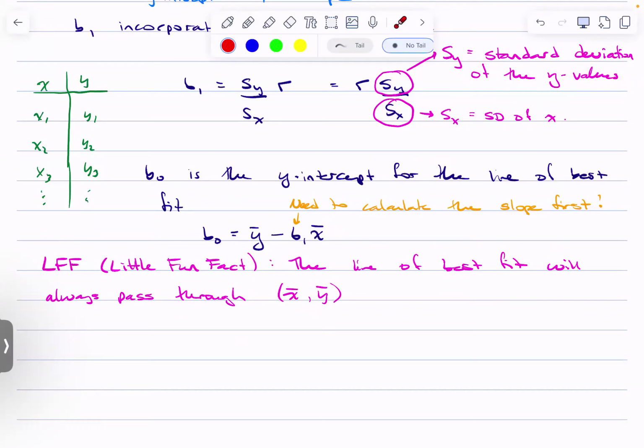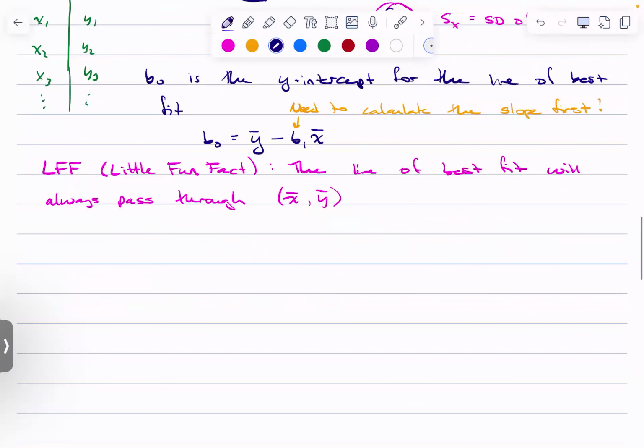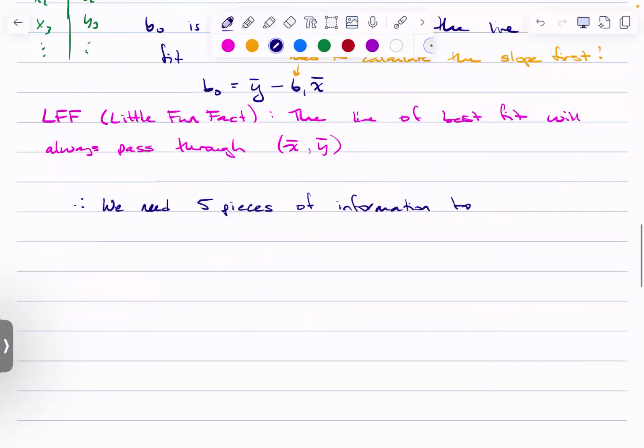Which means that I need to give you 5 pieces of information for you to be able to calculate the slope and the intercept of a line. Therefore, we need 5 pieces of information to construct a line of best fit.